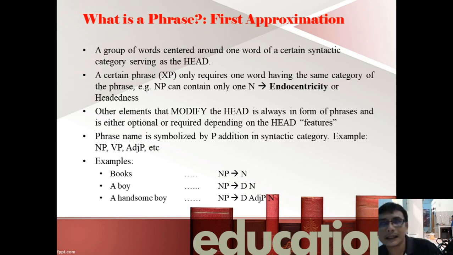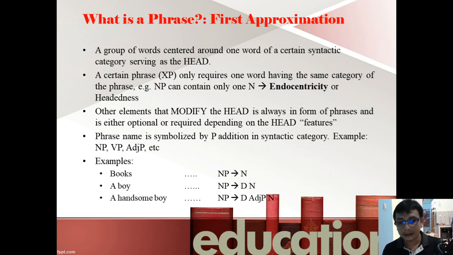So let's take an example, a verb. Okay, a transitive verb has a feature that needs a noun. So we will say that a VP in which the verb is transitive will require a noun phrase following the head. Okay, and then this is our way of categorizing or of symbolizing this phrase. We use P. So for example, NP, VP, adjective phrase, ADJP, and so on.